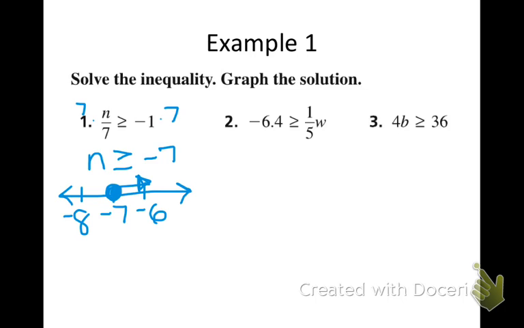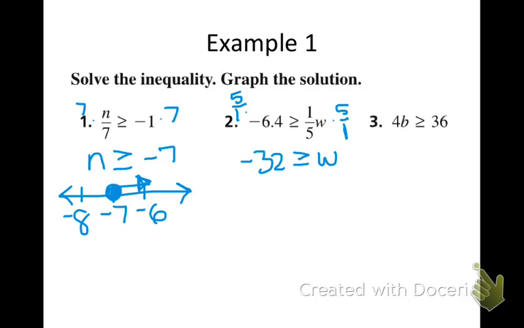For step 2, this time the variable's on the right. It's being multiplied by 1/5, so I can undo multiplication of 1/5 by multiplying by the reciprocal, and again I'm multiplying by a positive quantity on both sides. So a negative 6.4 times 5 is negative 32.